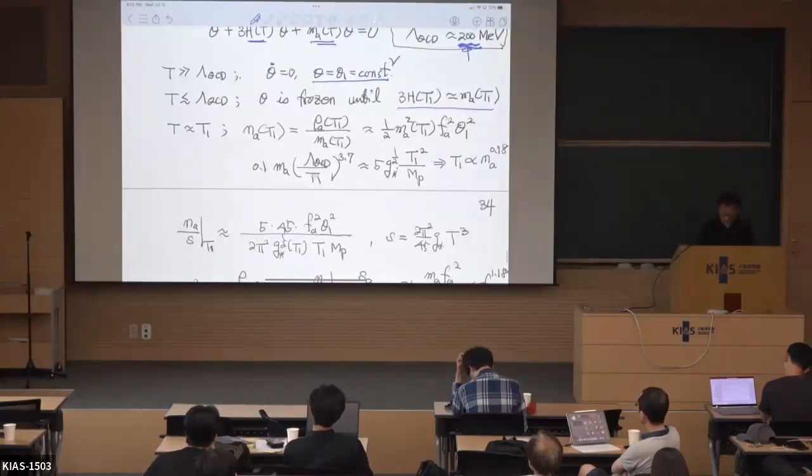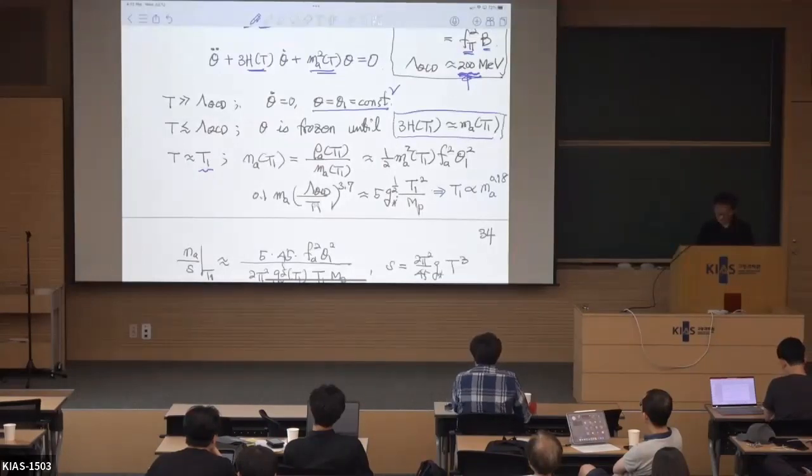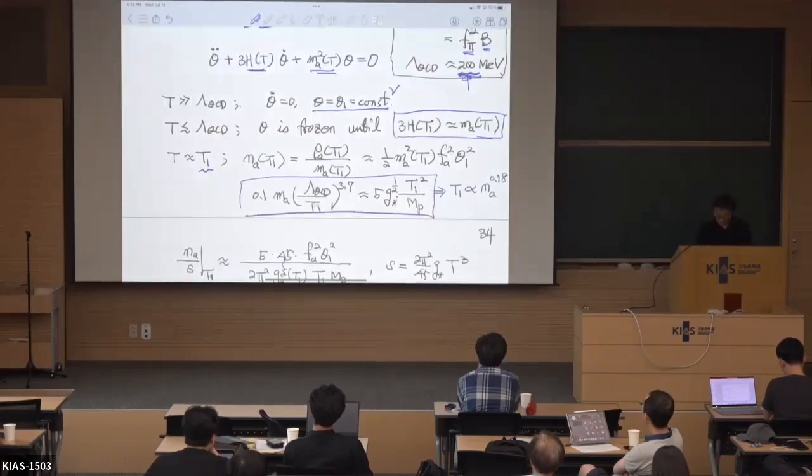So we define the temperature T1 where this condition is satisfied, which is nothing but this expression. So this is the temperature-dependent axion mass.